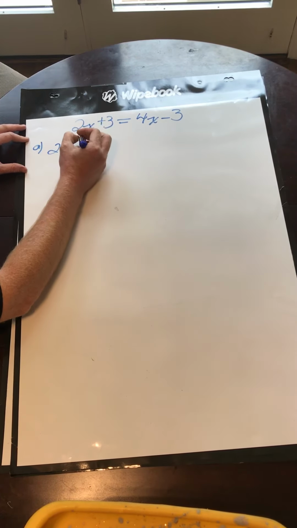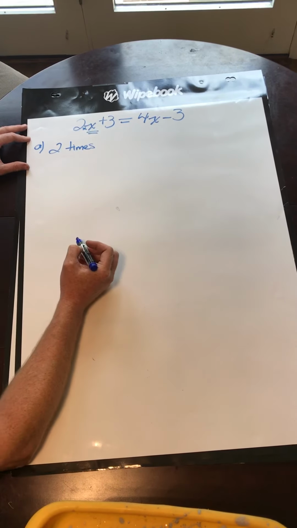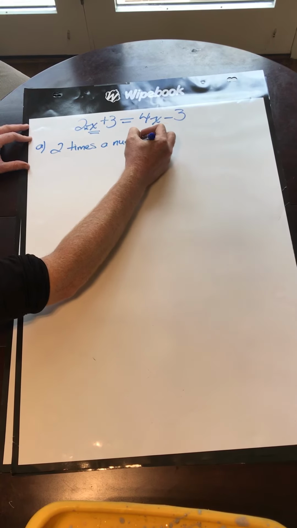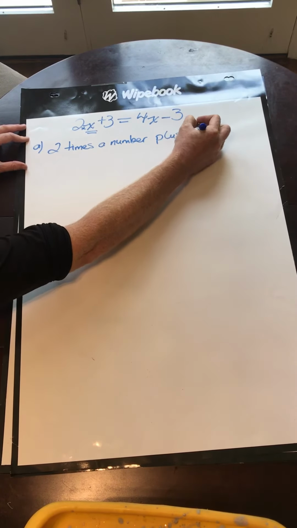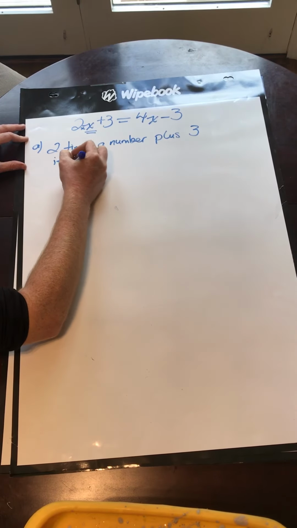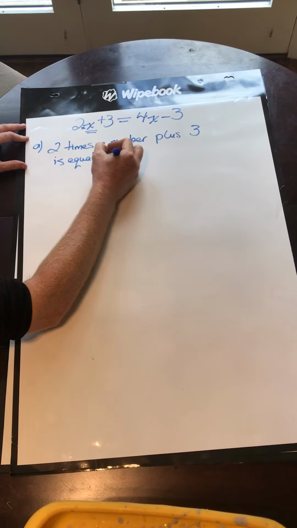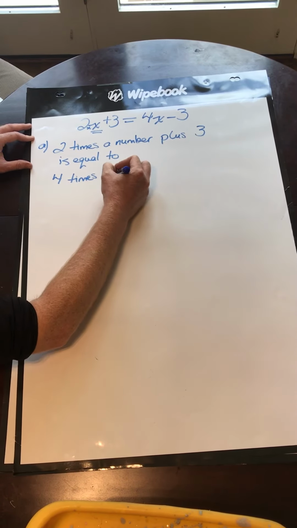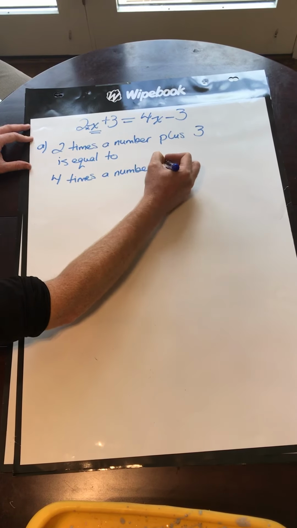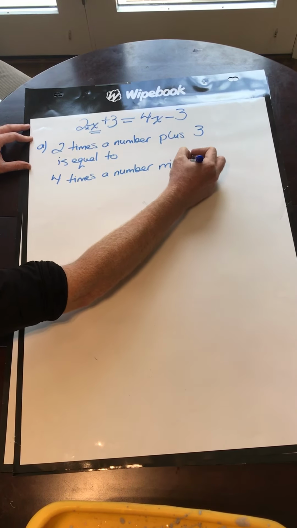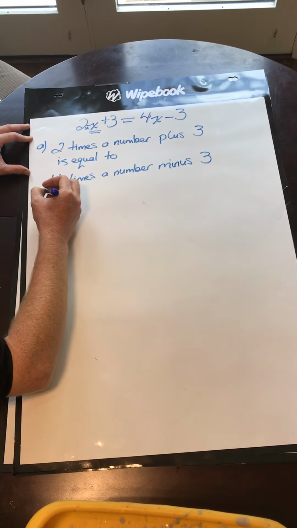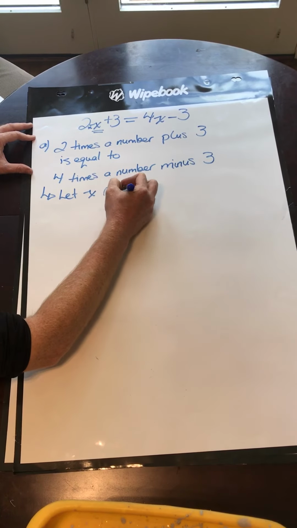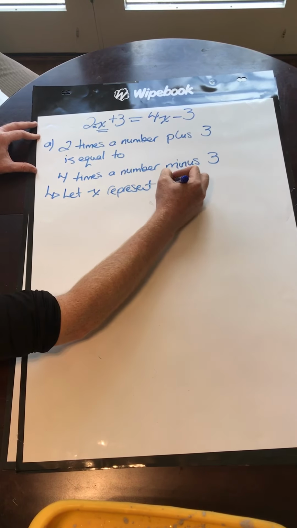This is the italicized x, but there's an itty bitty multiplication sign in there. 2 times a number plus 3 is equal to 4 times a number minus 3. And again, we need to write let x represent the number.